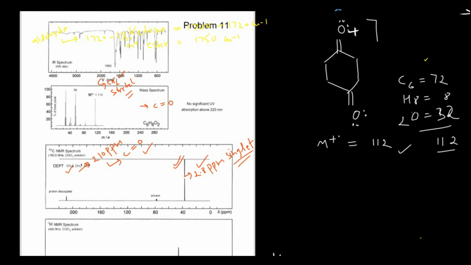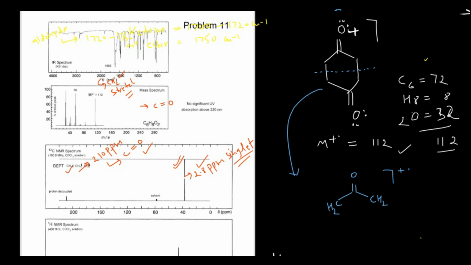If I break this particular bond from here, this removal will give you this fragment, that is CH2, again CH2 here, and this is positive with a dot, and 1 radical will be lost from here.